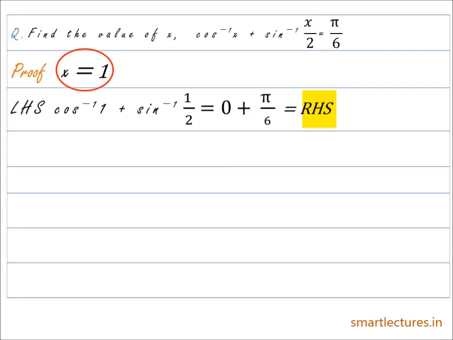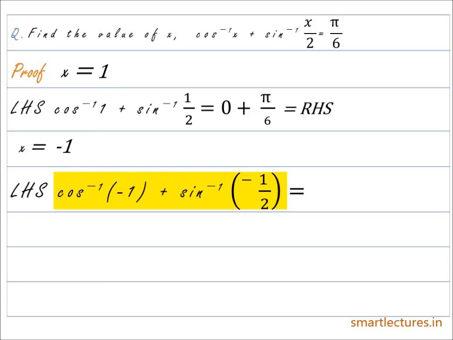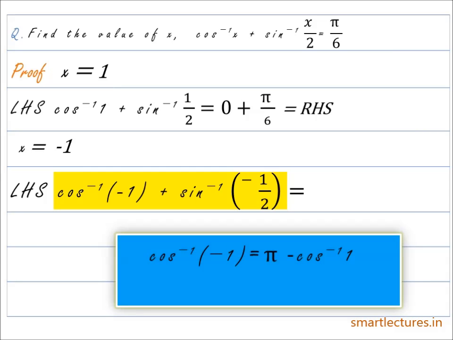And now let's check whether minus 1 is also the solution of given equation. Now in that case, left hand side will be cos inverse minus 1 plus sin inverse minus half. And cos inverse minus 1 is equal to pi minus cos inverse 1 or pi minus 0.